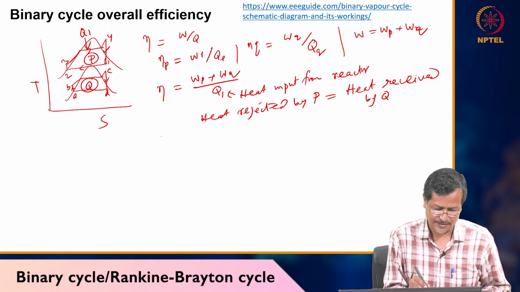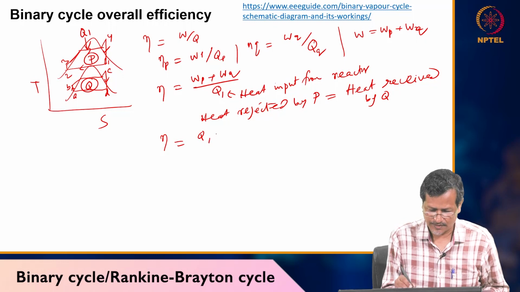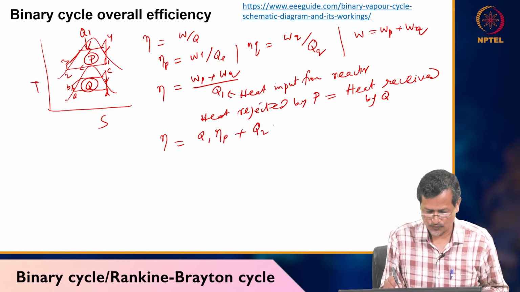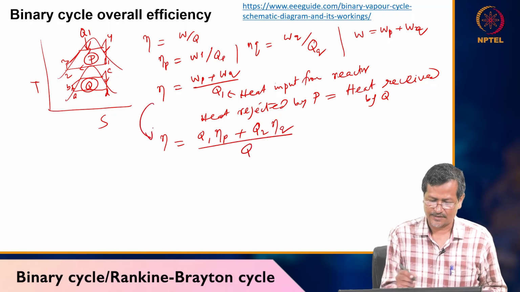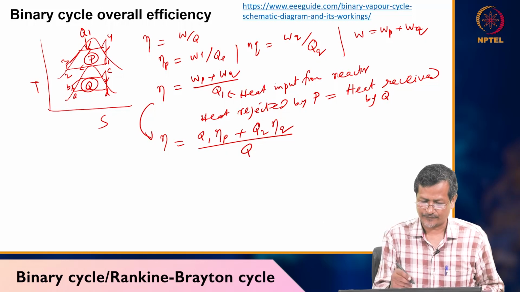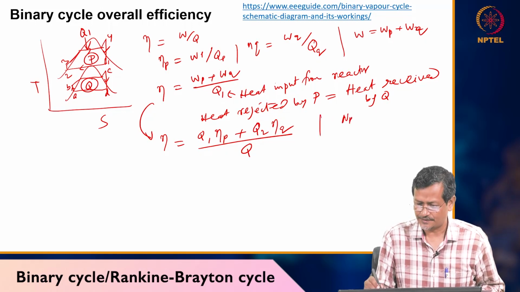So eta equals Q1 eta P plus Q2 eta Q by Q1. You can see here W is coming like this: Wp equals eta P Qp.